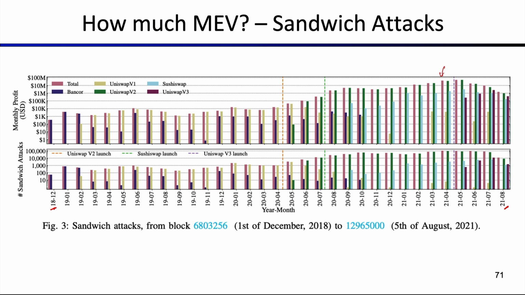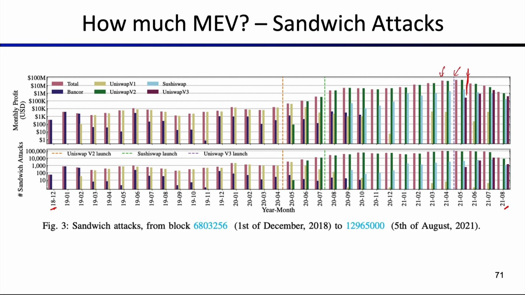What's interesting is that Uniswap version 3, for example, was just introduced here. And then in the month after, the Uniswap sandwich attack amount already was rather significant, and has been growing since then.